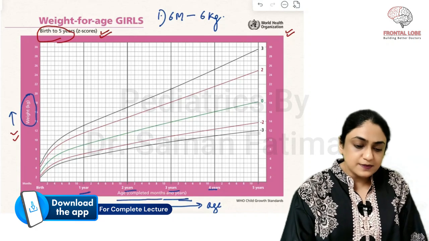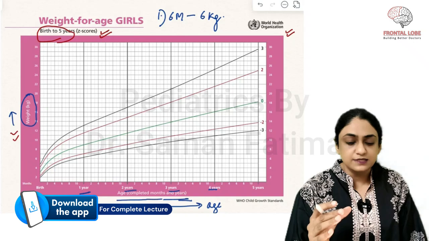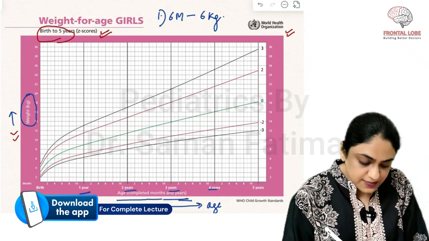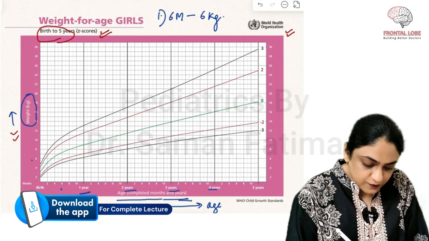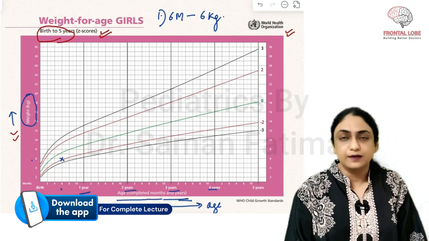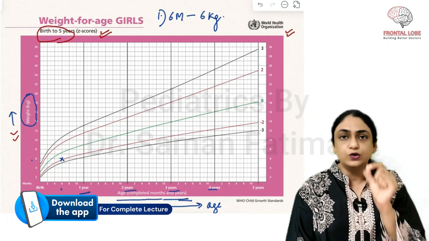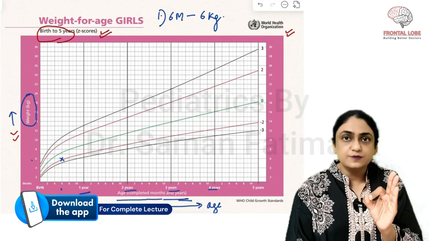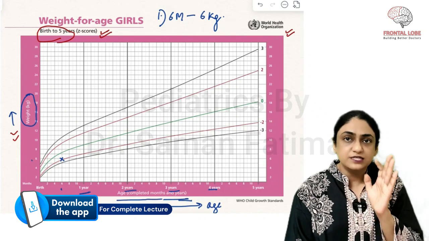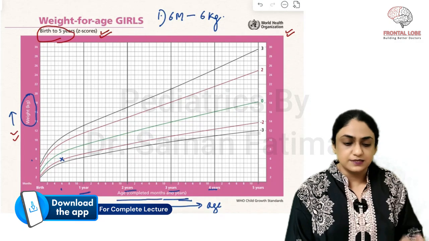At 6 months of age, this baby is weighing 6 kg. So this is 6 months and this is 6 kg. Where are these meeting? At this point. You will put a dot over here, which depicts that at 6 months of age, this baby was weighing 6 kg.